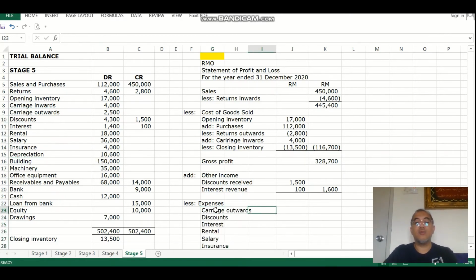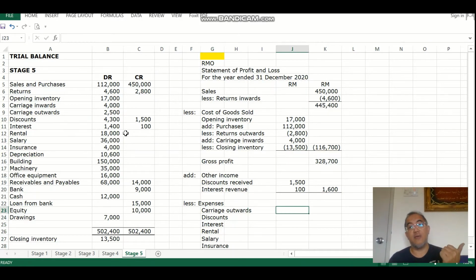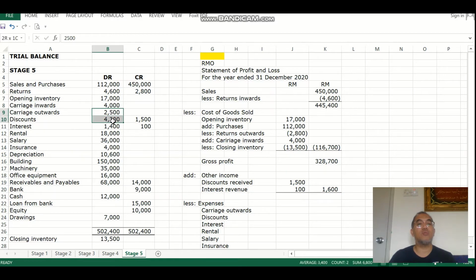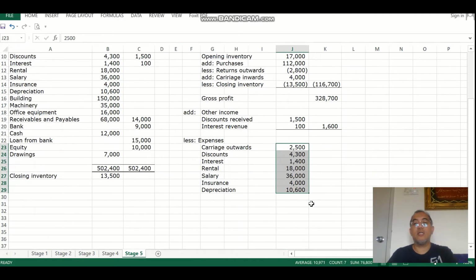Every expense will always be at debit. So I just copy from my carriage outwards until depreciation, and I paste it over here.